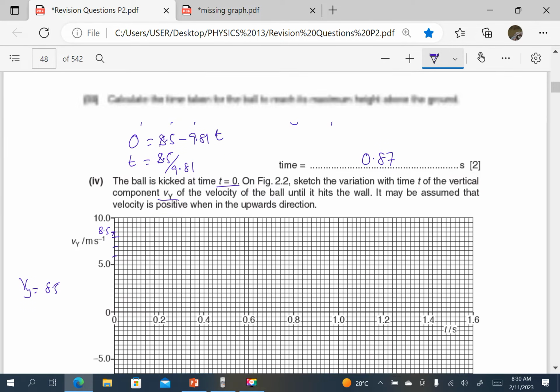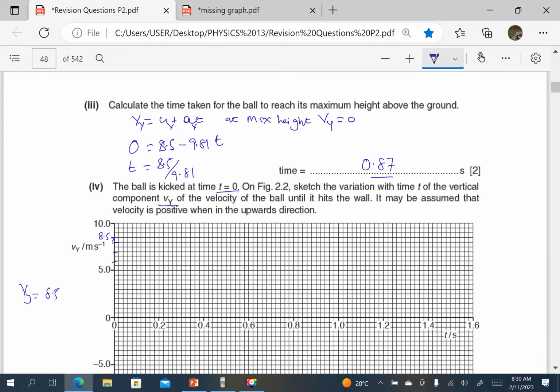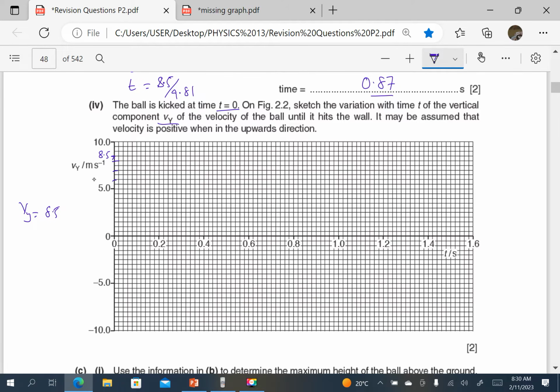Then we have seen that the graph reaches the maximum height at 0.87, and at maximum height v is 0. So we look for 0.87. The scale on the x-axis is 0.2 divided by 10, which is 0.02. So this is 0.82, 0.84, 0.86, 0.88 is supposed to be here, so 0.87 is here.